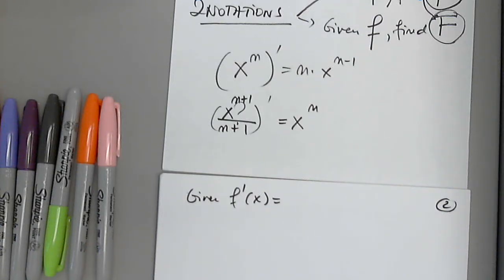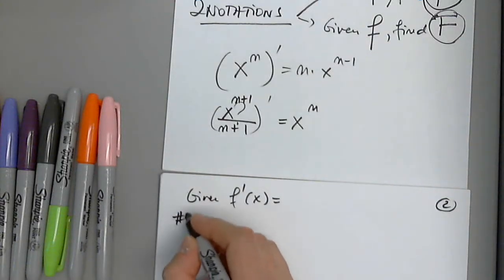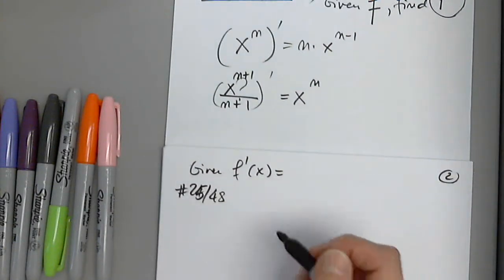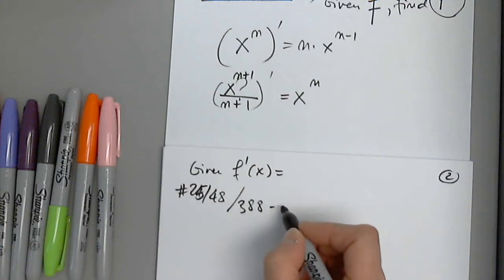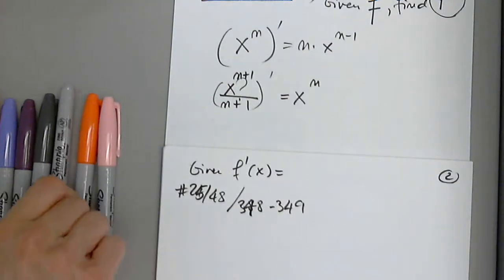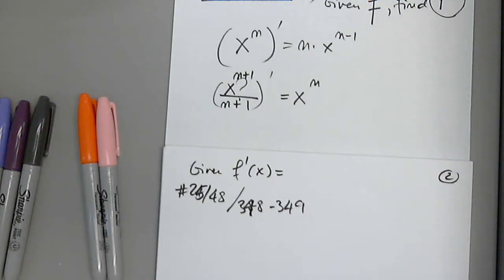Please choose, if you'd like, anything from 25 through 48 on pages 348 and 349, but something that gives f prime for now. Just an example with f prime. Okay, 1, 2, 3, I'll choose 32.